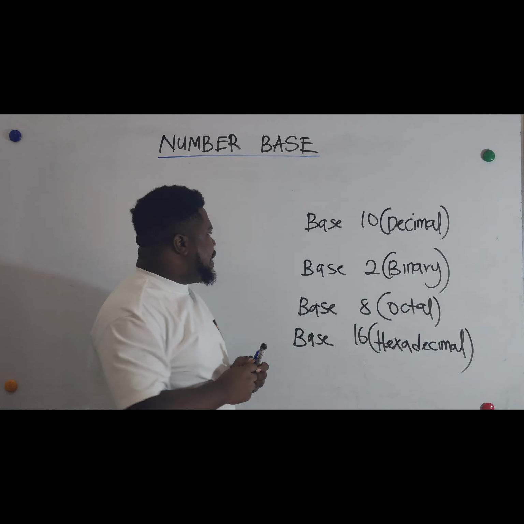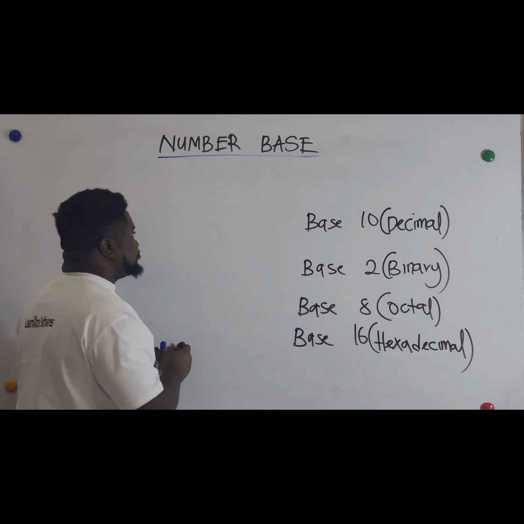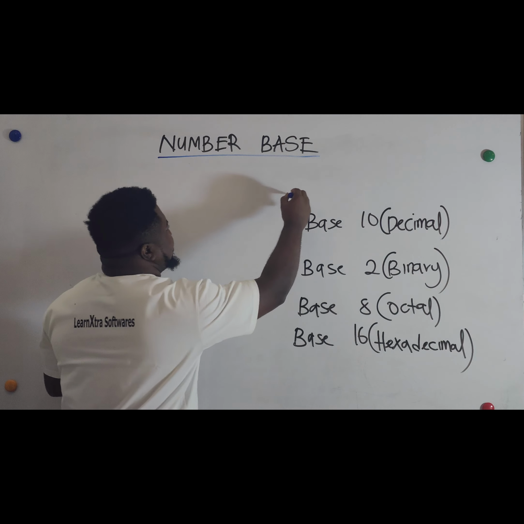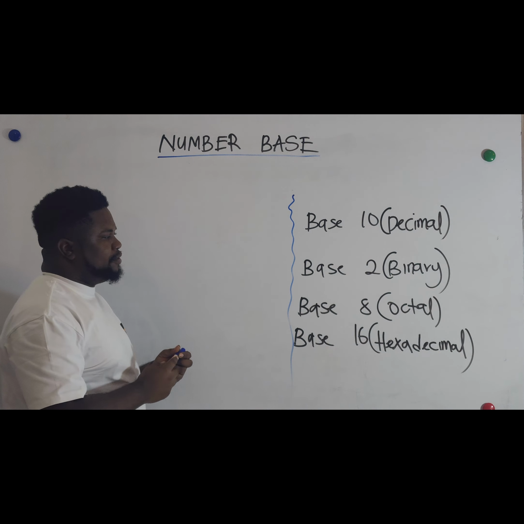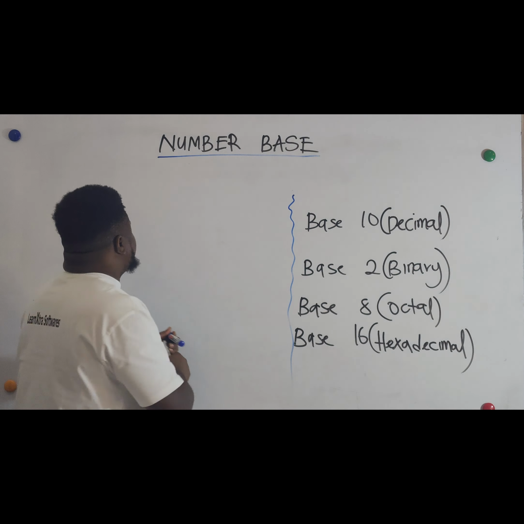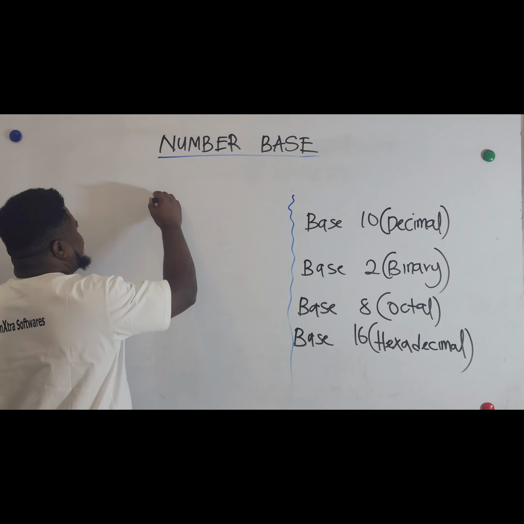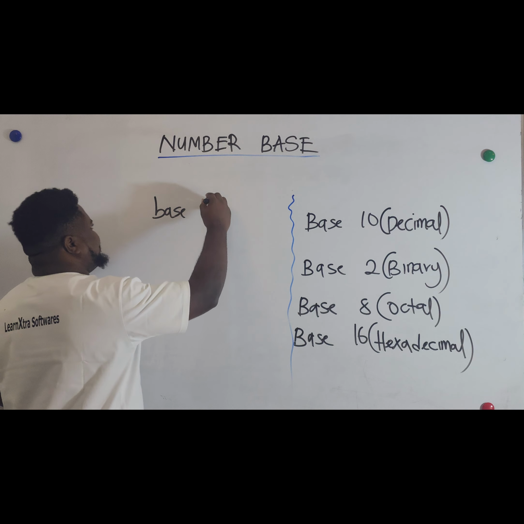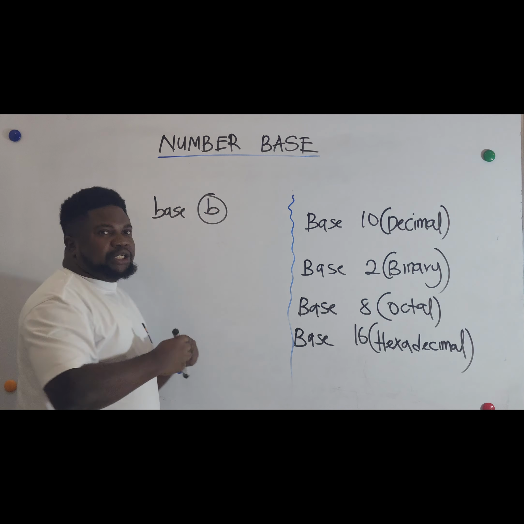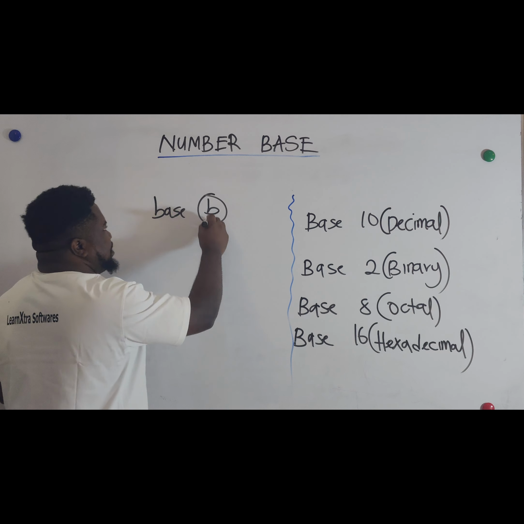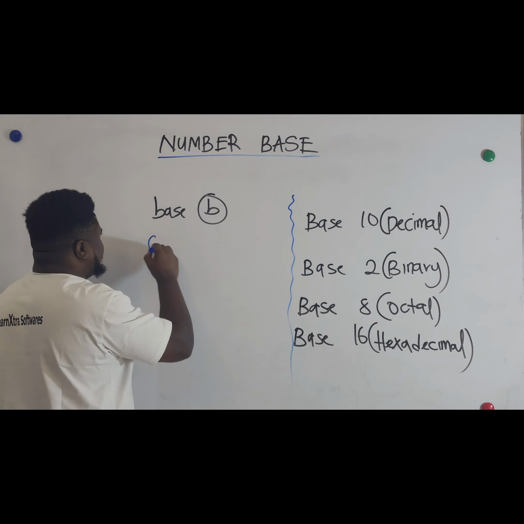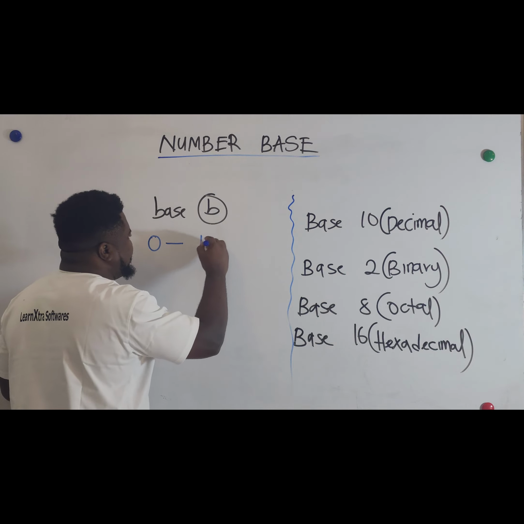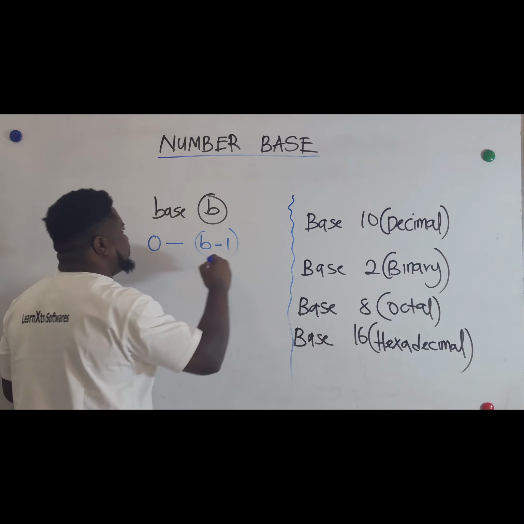Now, I want to explain something. If I have a base, let's say base B, the numbers involved in base B are going to be from 0 down to B minus 1.